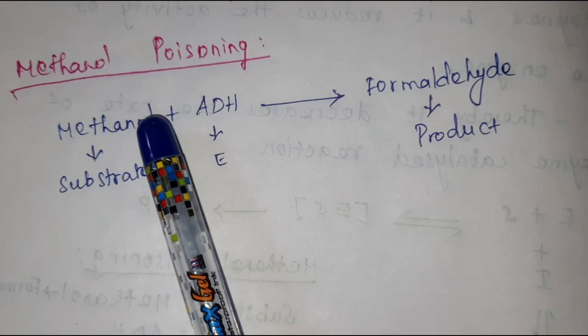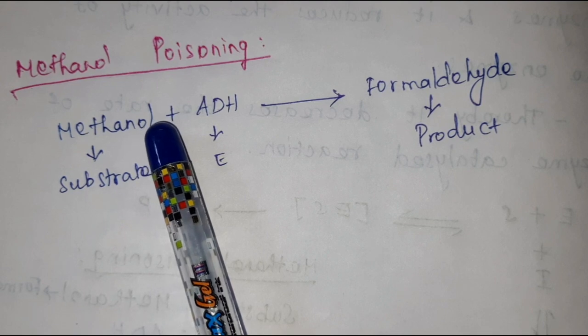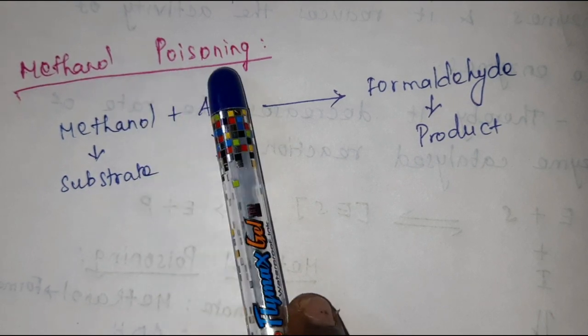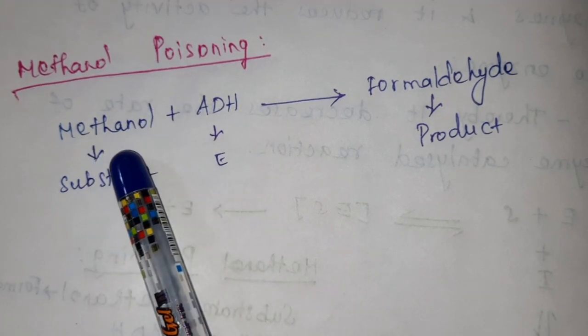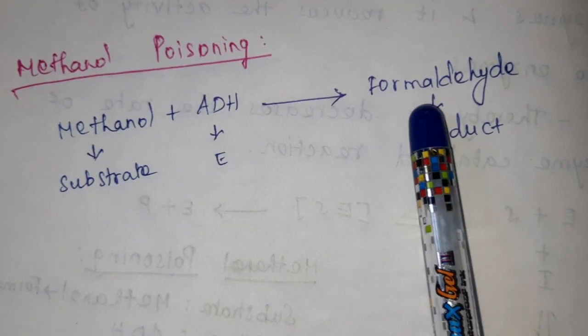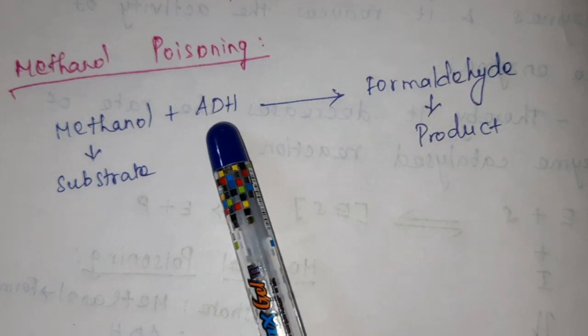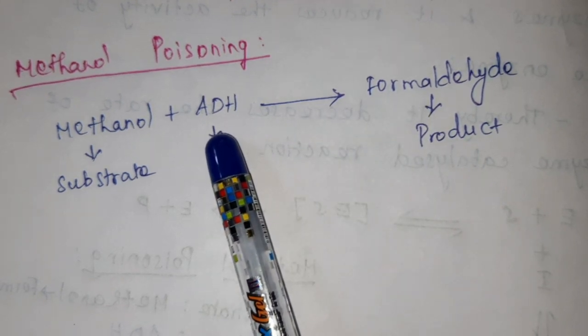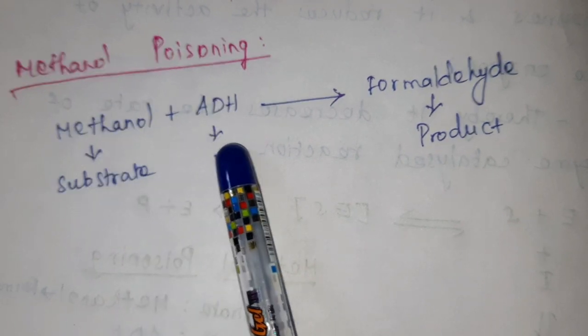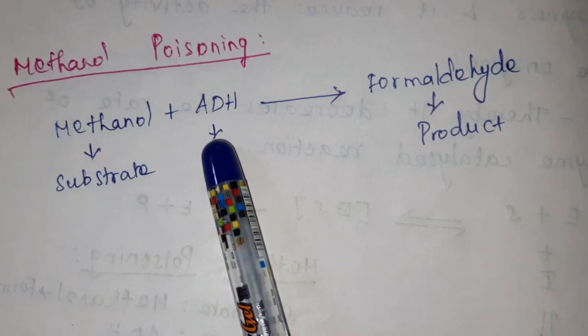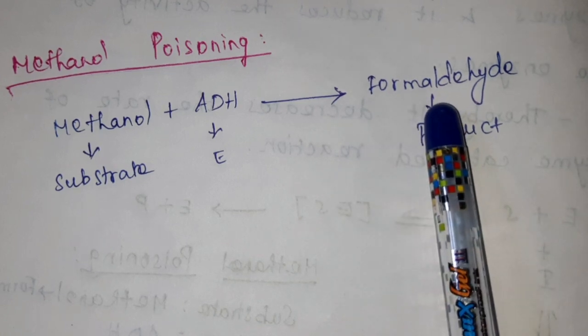An example for an enzyme inhibition reaction is the treatment for methanol poisoning by ethanol. Methanol is toxic to our body when it is converted to formaldehyde by the enzyme alcohol dehydrogenase. So here the substrate is methanol, the enzyme is alcohol dehydrogenase and the product is formaldehyde.